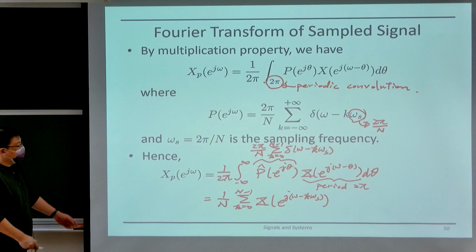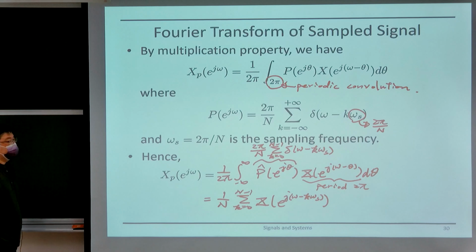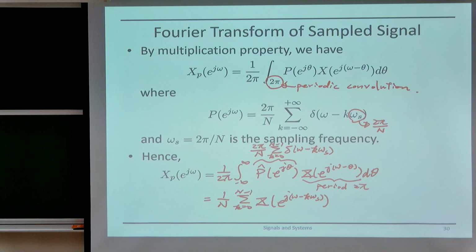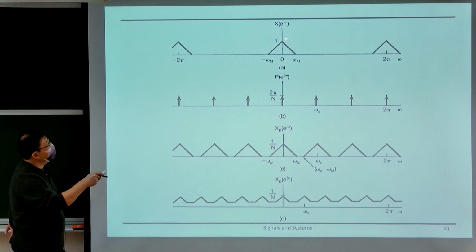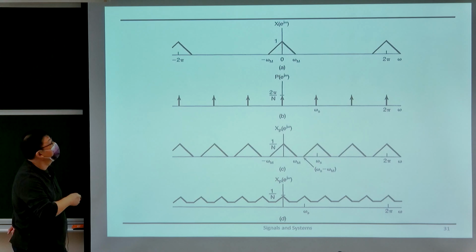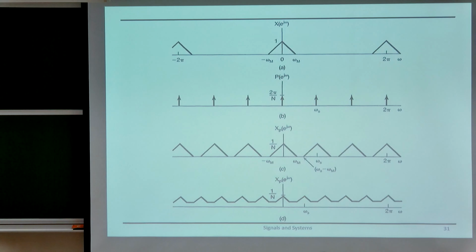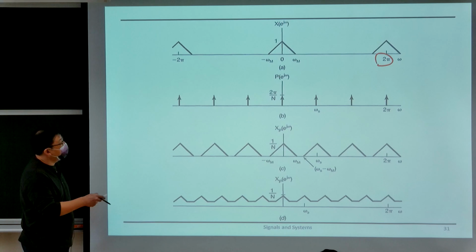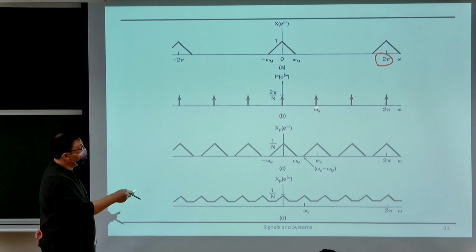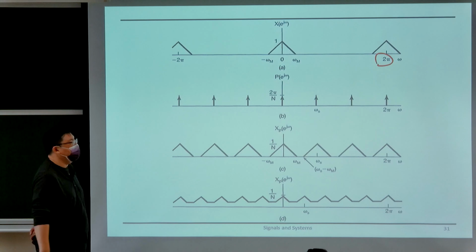Now let's see what this looks like. Suppose that this is the original spectrum x. You can see here that for discrete time sequences, the Fourier transform is periodic with period 2 pi. The impulse train signal has a Fourier transform that is also an impulse train separated by integer multiples of omega s.